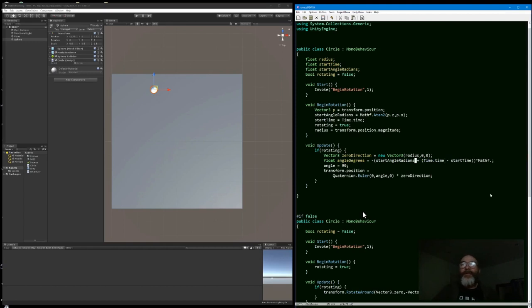Start angle, okay. Then probably the more correct way of doing this is to take the start angle in radians and multiply it by Mathf.Rad2Deg, radians to degrees. So then this is in radians, and this is now in degrees, and this is in degrees. And yeah, it'd be great if C# had strict type checking.